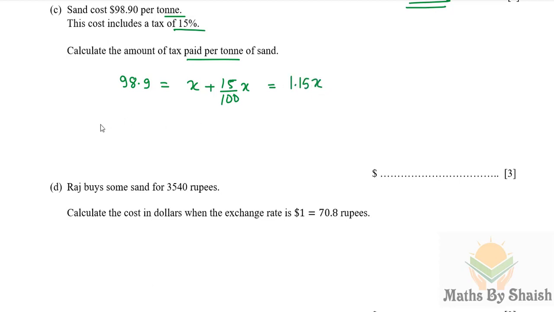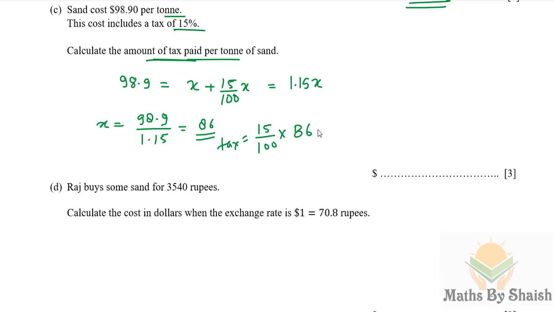And hence the cost of the sand without tax, x, would be 98.9 over 1.15, which is 98.9 divided by 1.15, it is going to be $86, and $86 is the cost. Hence the amount of tax would be 15% of it. So tax is going to be 15% of 86.